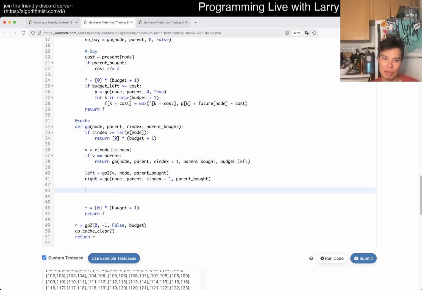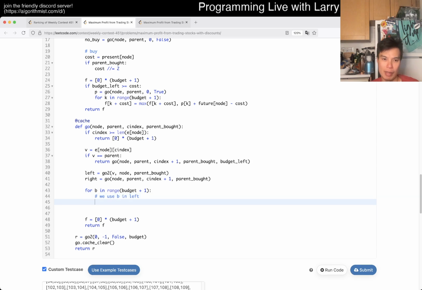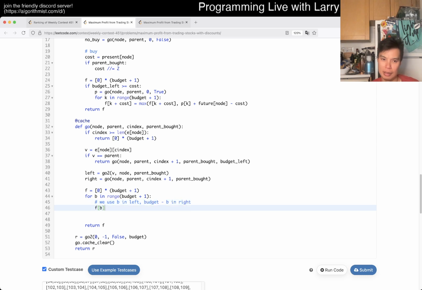And then now, so for i or b maybe in range of budget plus 1, then we use b in left, so that's just F of b. And then budget minus b in right?